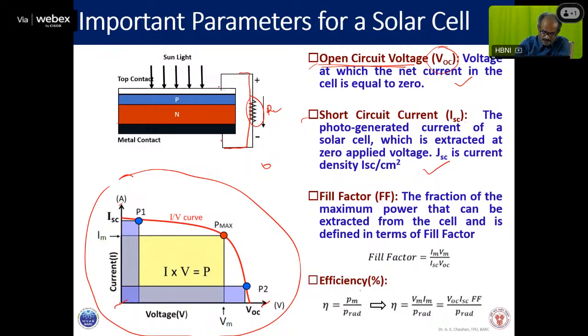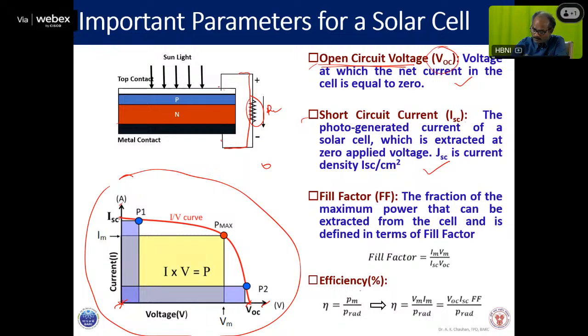At this point, when I have shorted, I am getting the maximum current, but the voltage is zero. On the other hand, for the open circuit voltage, I am at this point where my current is absolutely zero. So if I try to calculate the power drawn from this solar cell, at this point it is zero, and at this point also zero, which is not practical.